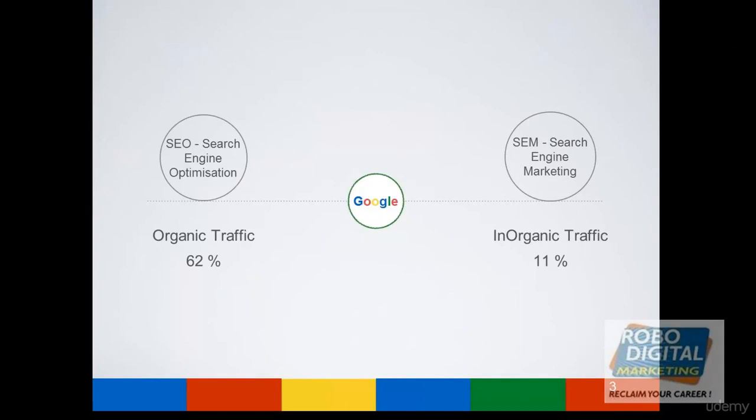Another is search engine marketing, which is the paid ads, that is Google AdWords. So 11% of the traffic clicks on these paid ads. We have a very huge market. 11% is even in some billions, so we don't have to worry about it. It's a huge crowd we can target through paid ads.